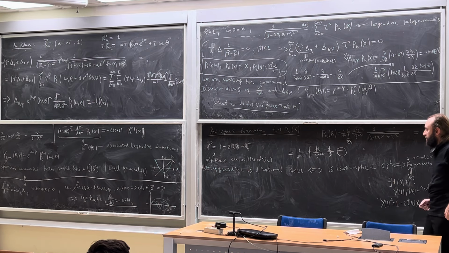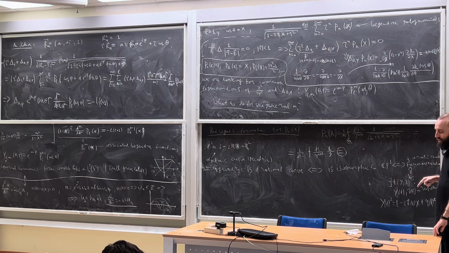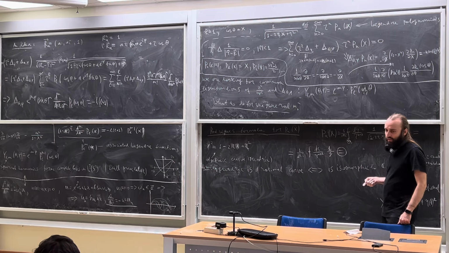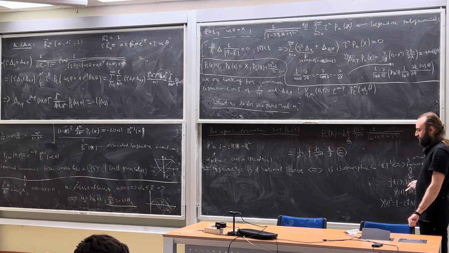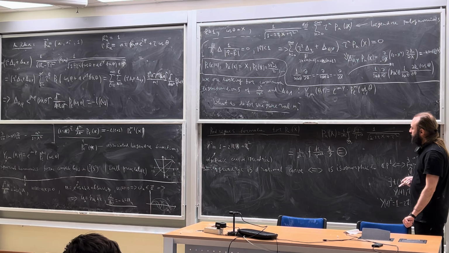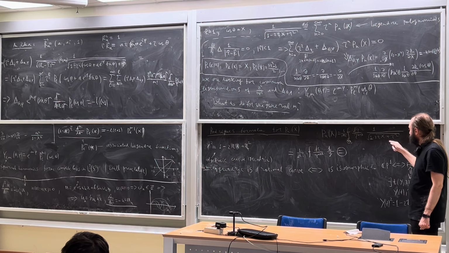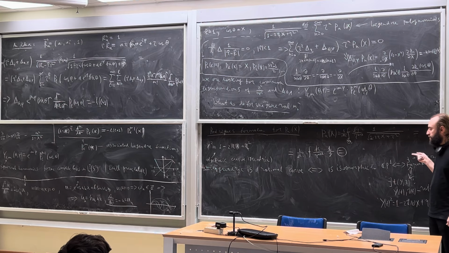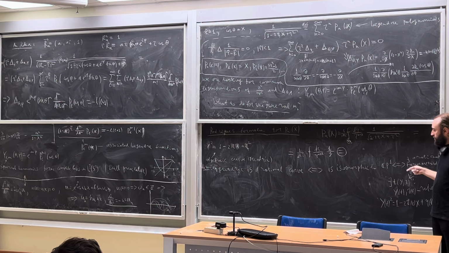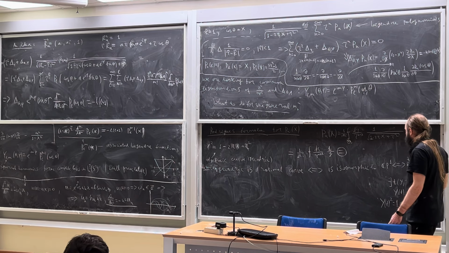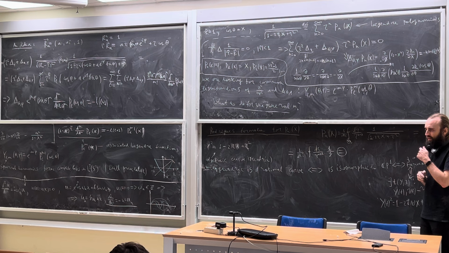If you ever saw the explicit formulas for Pythagorean triples, for integral solutions of a squared plus b squared equals c squared, or the substitution used for computations of integrals of this kind, all these phenomena come from this observation that any quadratic curve is rational.